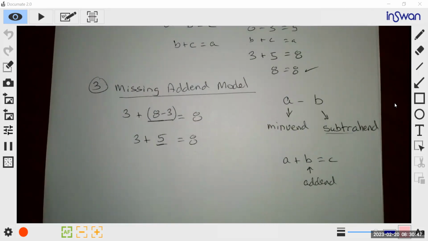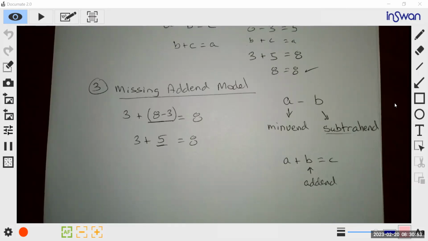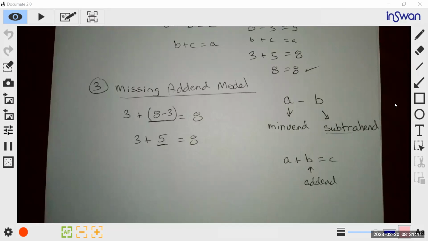We would just have to move the 3 to the other side. Remember, that's using the properties of mathematics, the identity property or the inverse property. But again, elementary school kids won't know that. That doesn't get taught until 5th, 6th, 7th grade.